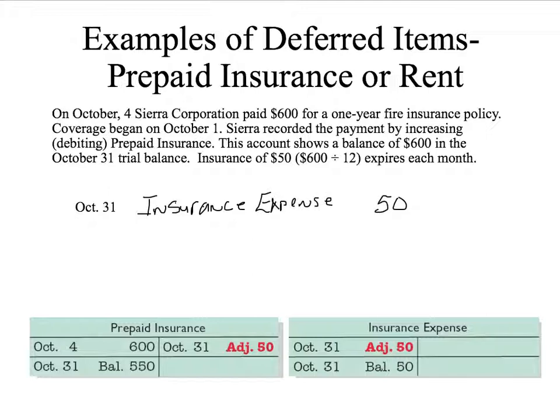So I recognize the expense and credit prepaid insurance for $50. And when I post this, you see I now have, as of October 31st, a remaining value of the asset of $550, and I've recognized in the month of October an insurance expense. So we recognize the expense and we reduce the asset.